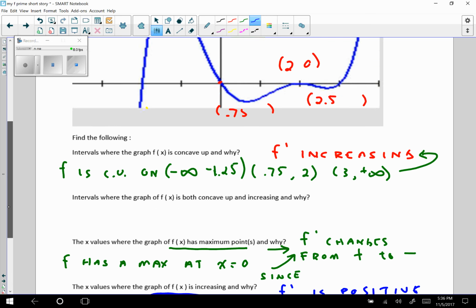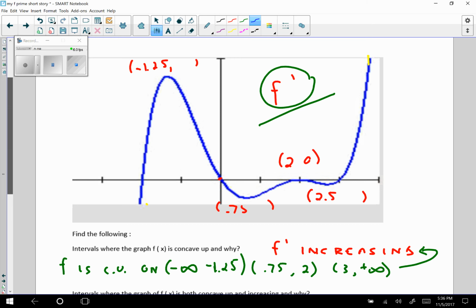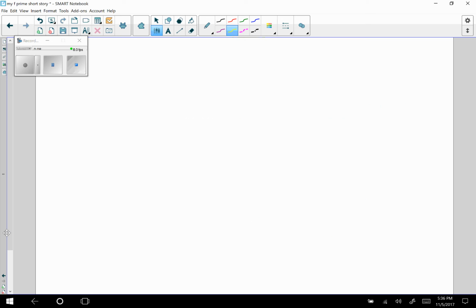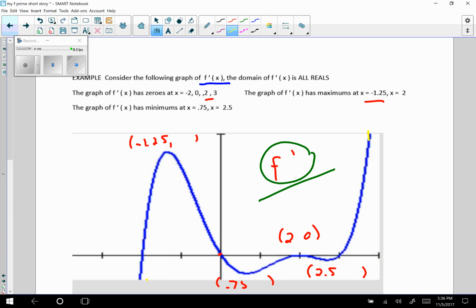Let's go back up to my graph and find out where this graph is positive. Went to the next screen, sorry. If I notice here, where is f prime positive? Well, here.